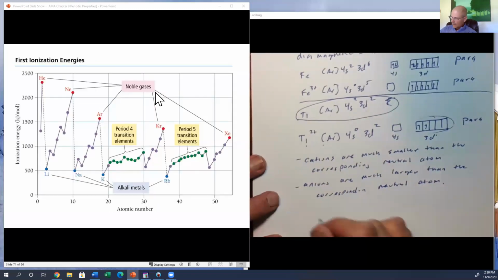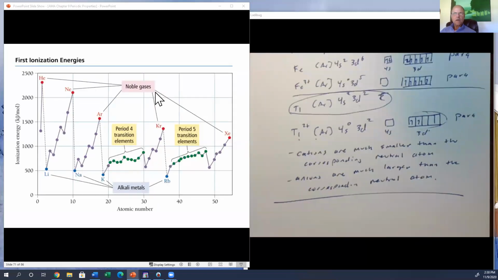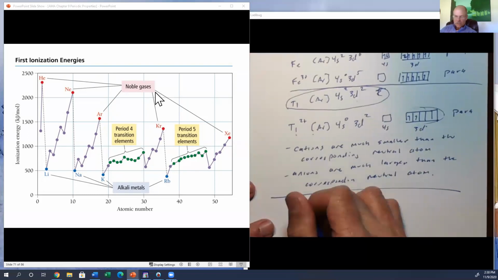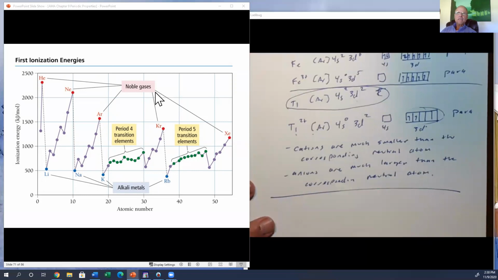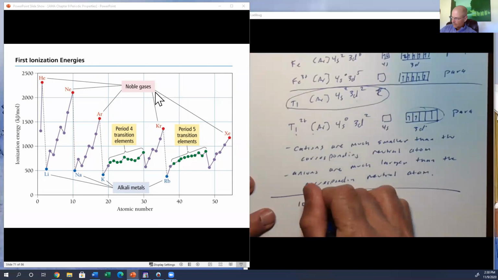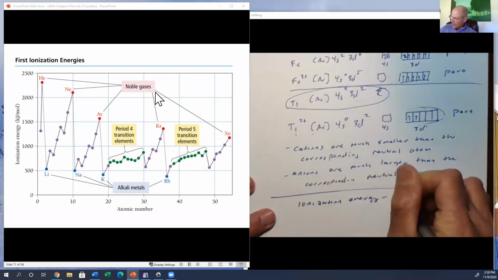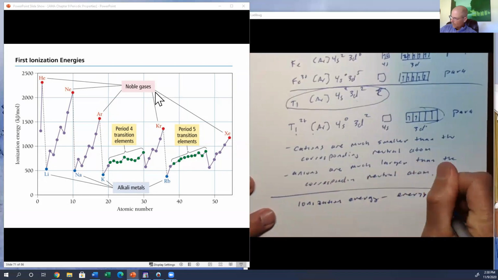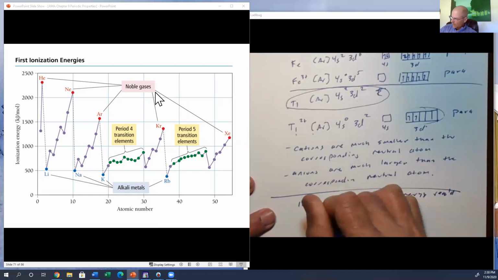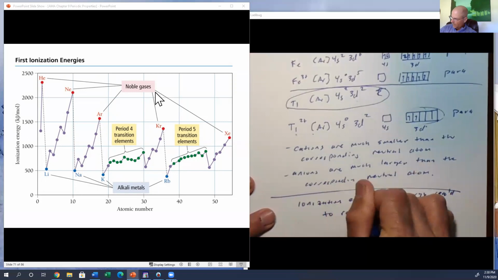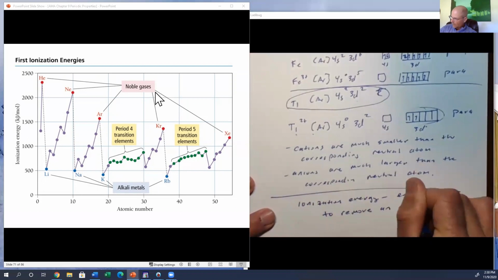All right, the next thing we want to look at is something called first ionization energy. The ionization energy of an atom is the energy it takes to remove an electron from the atom. So ionization energy is the energy required to remove an electron.